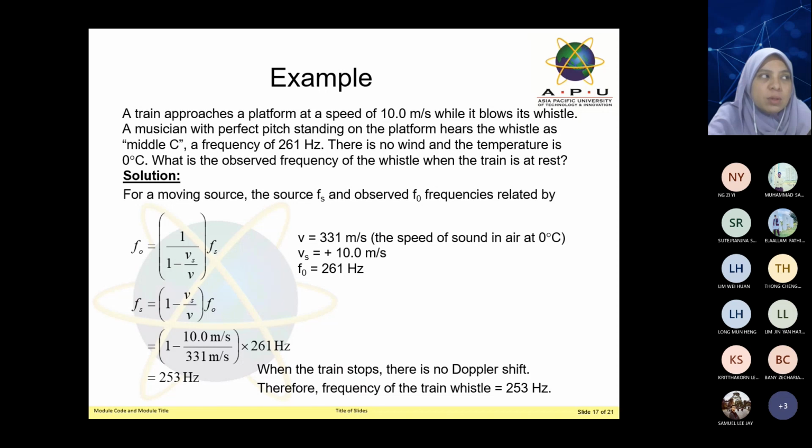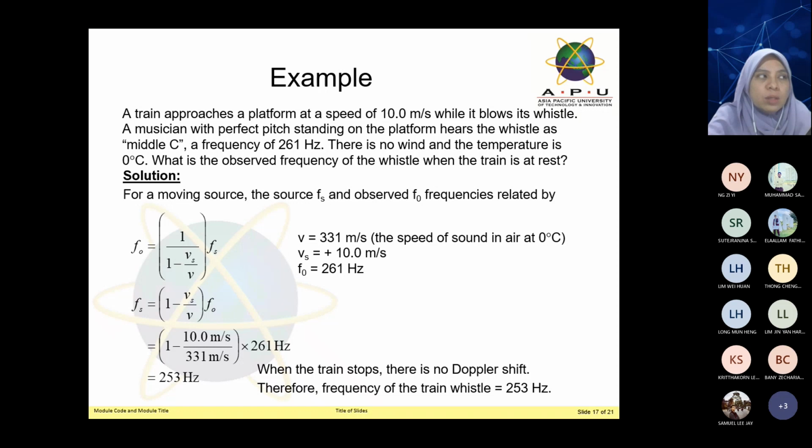So before approaching the platform, it already sounds a whistle to give some alertness. A musician with perfect pitch standing on the platform hears the whistle as middle C, a frequency of 261 Hz.